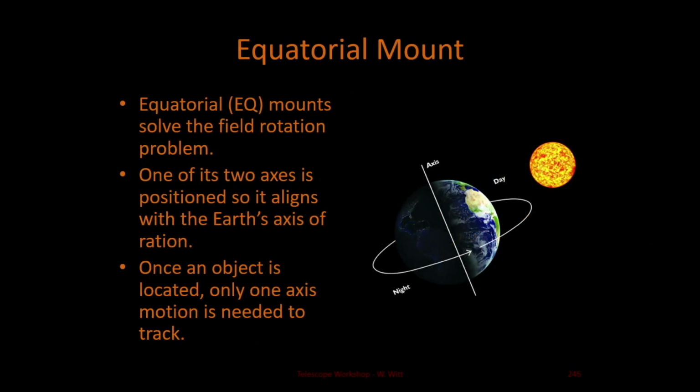Equatorial mounts solve this field rotation problem by creating a different kind of complexity. Equatorial mounts have one of their two axes positioned so that the axis aligns with the Earth's axis of rotation. So here's the Earth spinning on its axis. The idea is that with the equatorial mount, you have to set it up such that one of its axes is always exactly parallel to the Earth's axis.